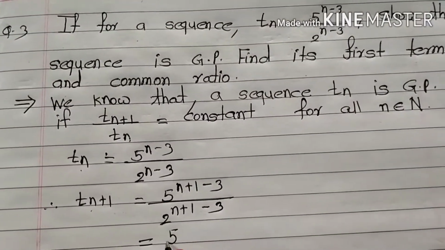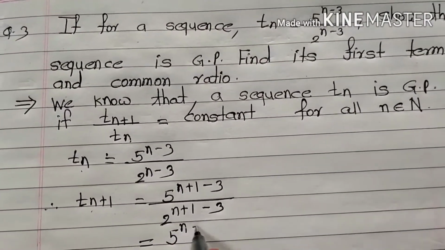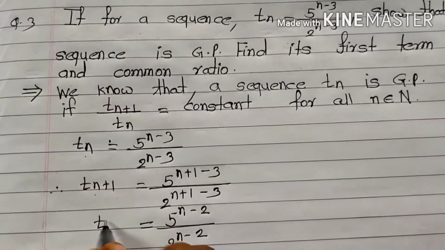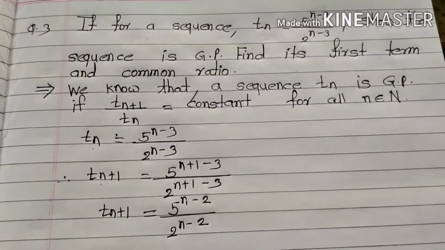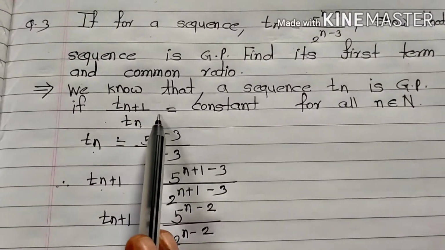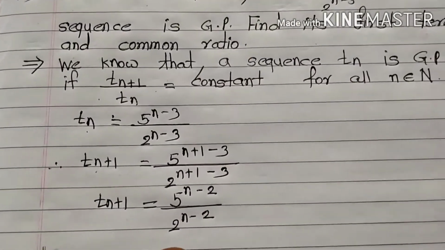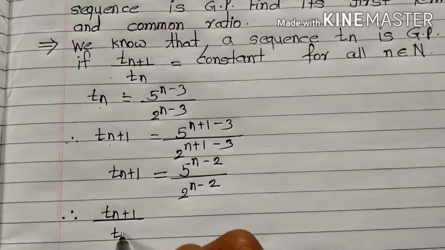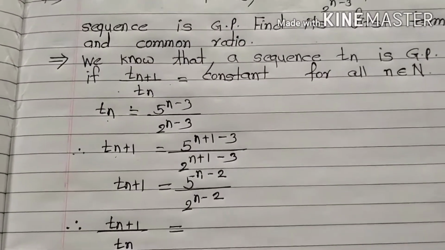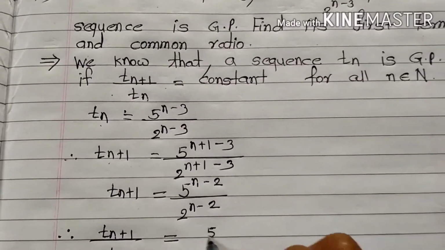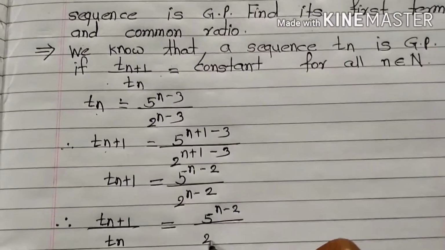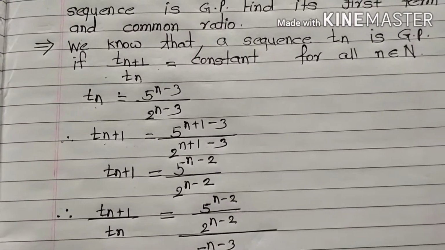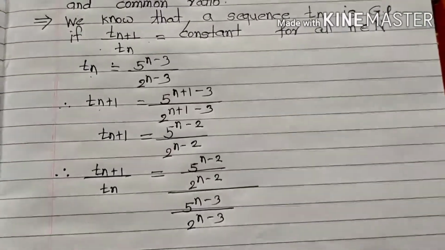So we get 5 raised to n minus 2 upon 2 raised to n minus 2. So our Tn plus 1 is this. But we have to find Tn plus 1 upon Tn is equal to what? So Tn plus 1 upon Tn is equal to 5 raised to n minus 2 upon 2 raised to n minus 2, upon 5 raised to n minus 3 upon 2 raised to n minus 3.